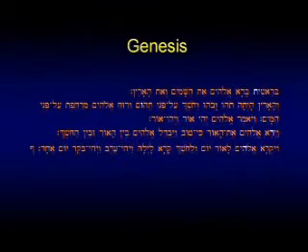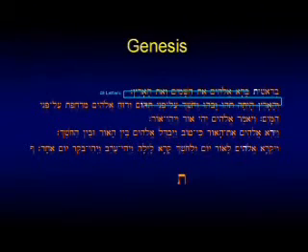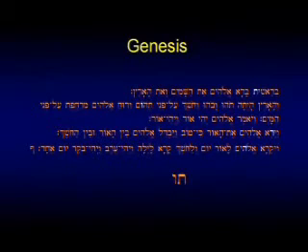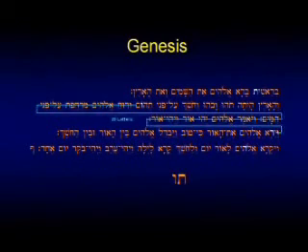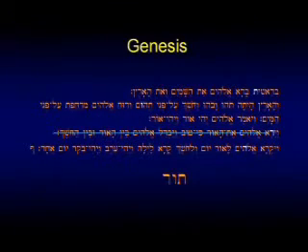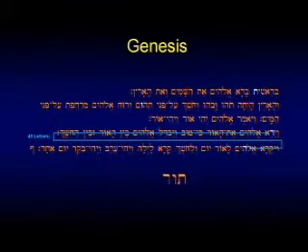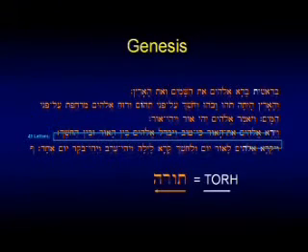Well, you go in Genesis to the first Tau, and that's what we would consider a T. Then you count 49 letters, 7 squared. Count 49 letters. You come to a Vav, which is sort of like an O. And then you count 49 letters, and you come to a Resh. And then you count 49 letters again, and you come to a He. And that happens to spell Torah in Hebrew.